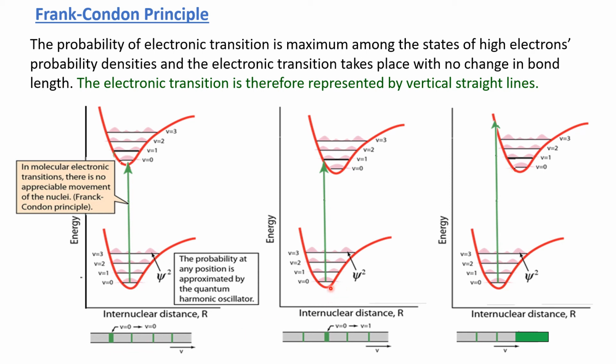Here, the high probability state exists at v equal to 0 in the ground state, and the high probability state exists at v equal to 1 in the excited state for the same internuclear distance. So that is why v equal to 0 to v equal to 1 is the more intense line. Similarly, if we go to the higher vibrational states, they are very closely spaced. They are almost continuous. So when such a transition takes place, we see a continuous band over here.